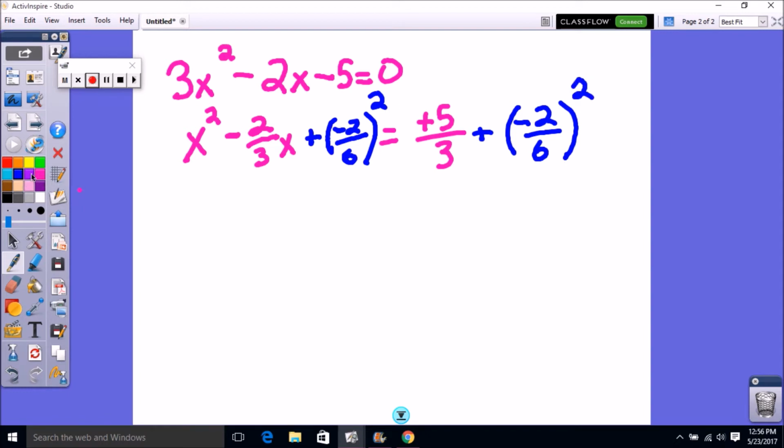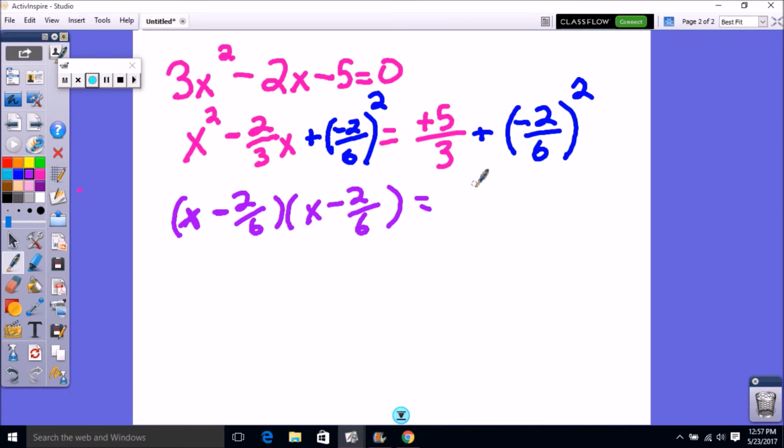Okay, now the negative term is inside the fraction. If you mess up that negative term, it doesn't really matter, because eventually when I square a negative, it's going to turn positive. I don't figure out what this is here because I'm only using it to remind me that this is going to go in each set of parentheses, so that I have the same fraction in both sets of parentheses.